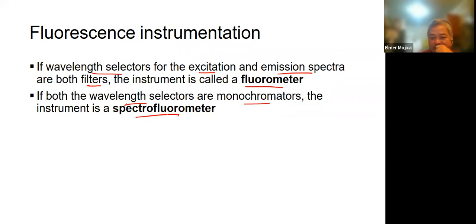Kapag monochromator, spectrofluorimeter, kapag meron lang tayong filter, yun yung tinatawag na fluorometer. So sa tingin nyo, alin yung high-tech dito sa dalawa? O alin dito sa tingin nyo yung mas mahal? Practical wise, or should we decide to make your final exam like a true or false question? Okay, so yung mas mahal dito ay yung spectrofluorimeter because monochromator is more expensive than what we call the filter.